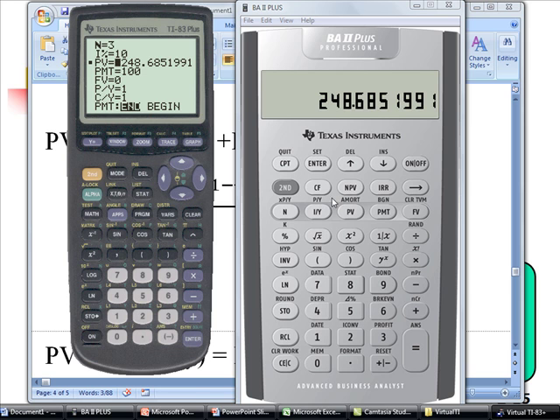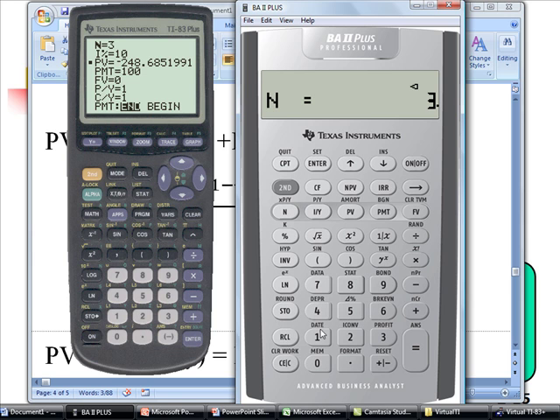Over here on the TI BA2 Plus, of course, we could say second clear time value of money to clear out all these registers. We would put in 3 for the number of periods, 10 for the interest rate per period, and 100 for the payment per period, leaving future value at 0.